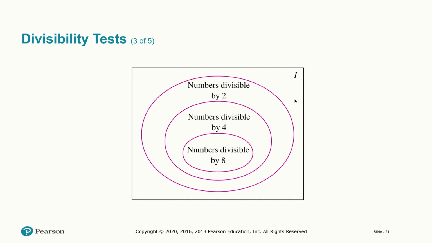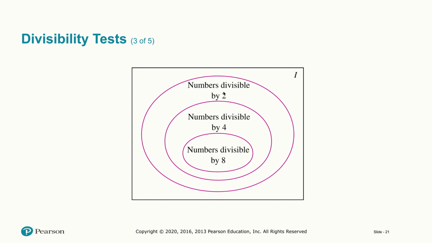So here's a nice visual that shows us this relationship. Notice that the largest set here is the numbers that are divisible by 2. Smaller than that is the set of numbers that are divisible by 4, right? So that means there are many numbers that are divisible by 2 that are not divisible by 4, right? And much smaller than that are the numbers divisible by 8.